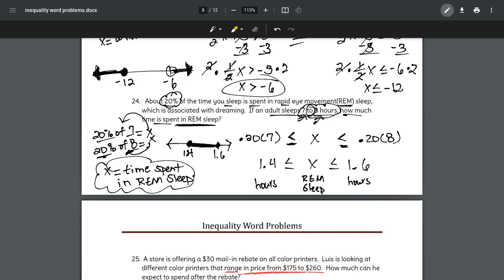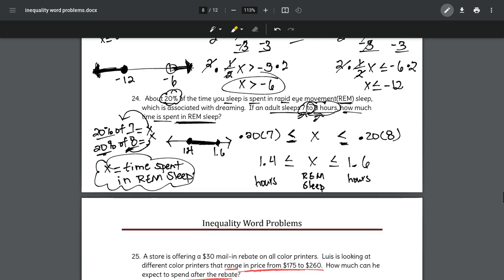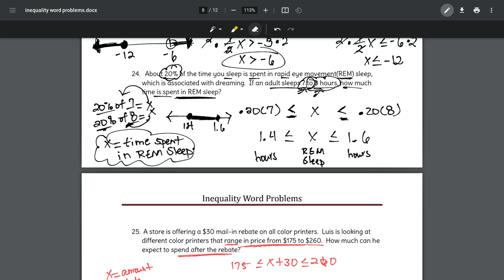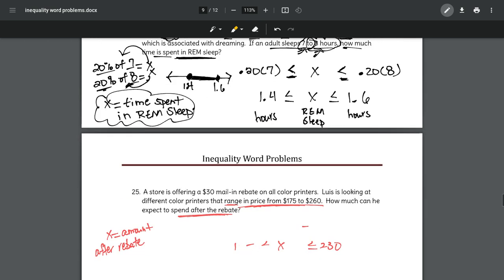So I could have slept anywhere in between 7 and 8. I could have slept 7.5 hours, 7.2 hours, 7.9 hours, 7.7 hours. So I've got to do an in-between statement or an and statement, a compound statement. I got the answer up here.